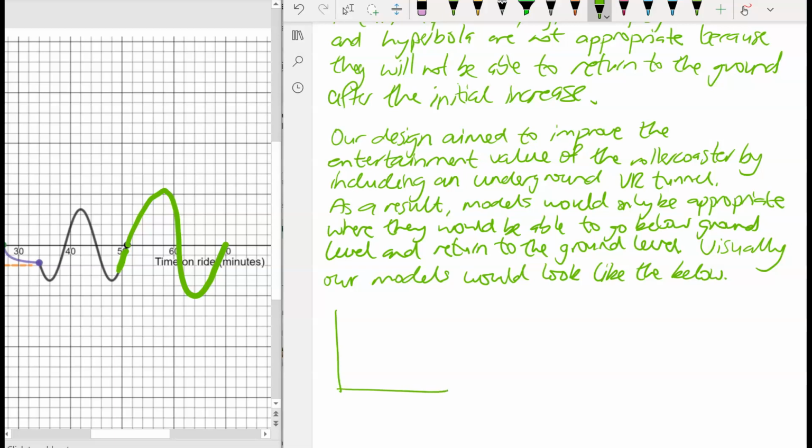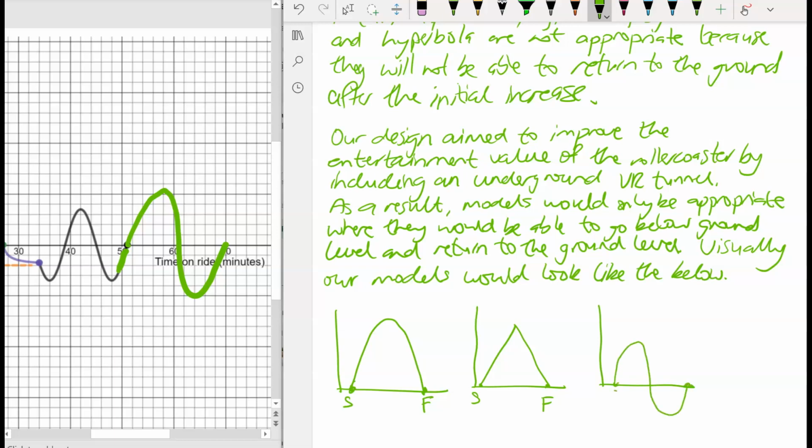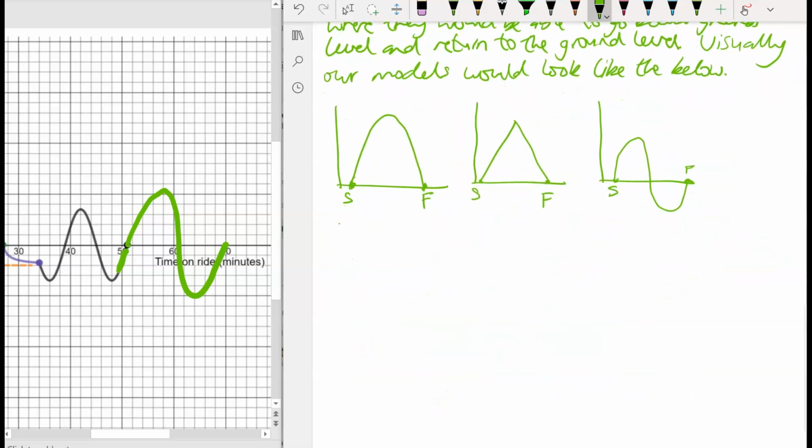So the first one on our list was a parabola. So start and finish, and you'd see there wouldn't be any underground element to that. And then the next one was an absolute value graph, start and finish. And again, you'll see there's no underground element to that. And you'll see a trig graph, start and finish. And then below that, we'll draw a cubic as well.